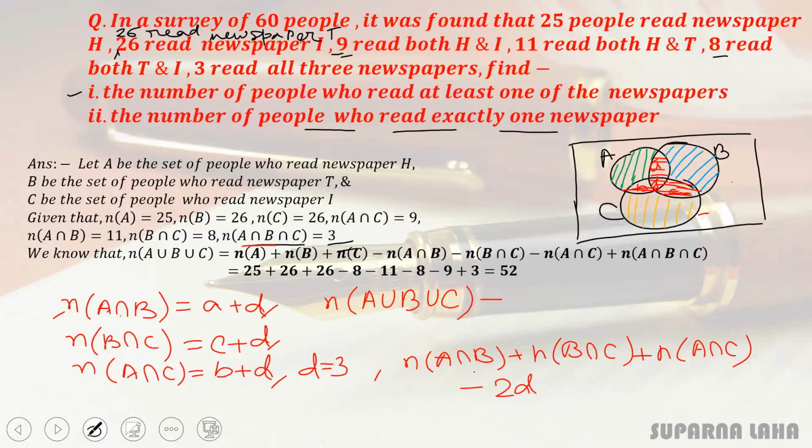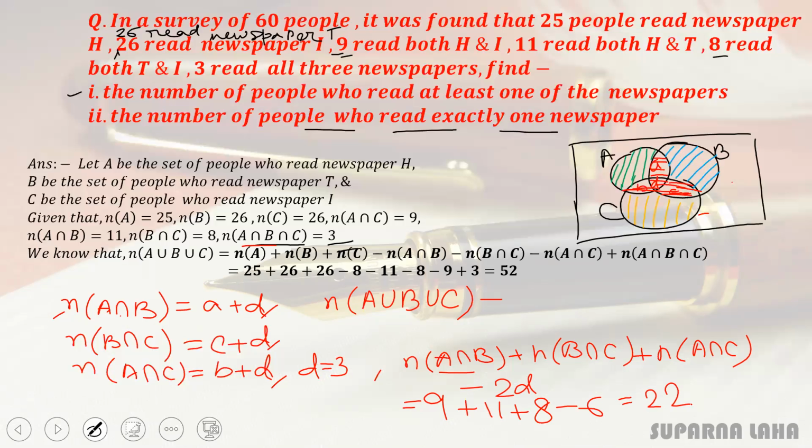The numbers for A intersection B, B intersection C and A intersection C are given, so put in their values. That means 9 plus 11 plus 8, so 28, minus 3 times 2, which is 6. That means this is 22.